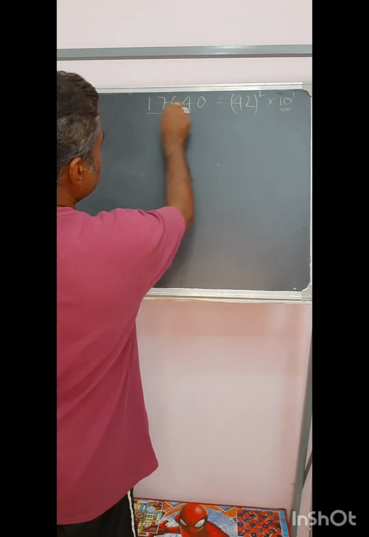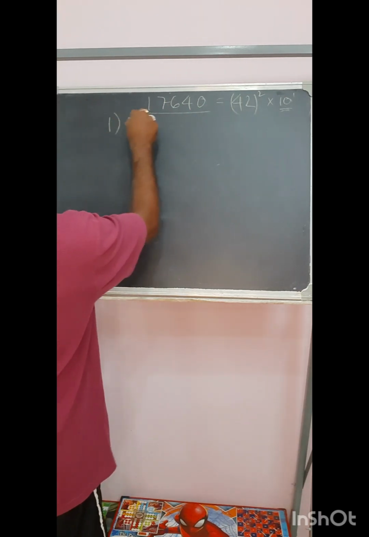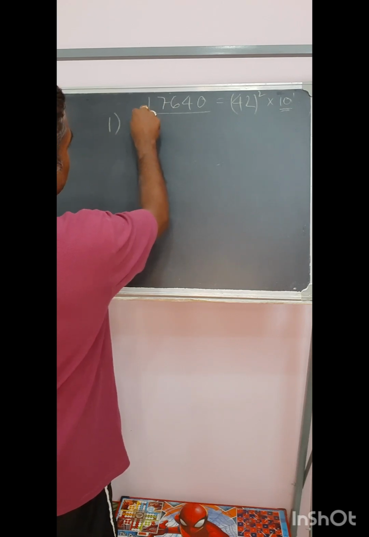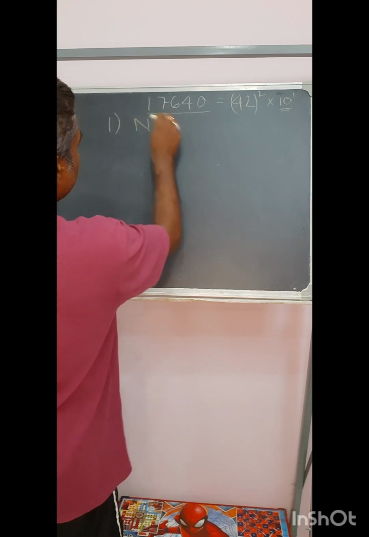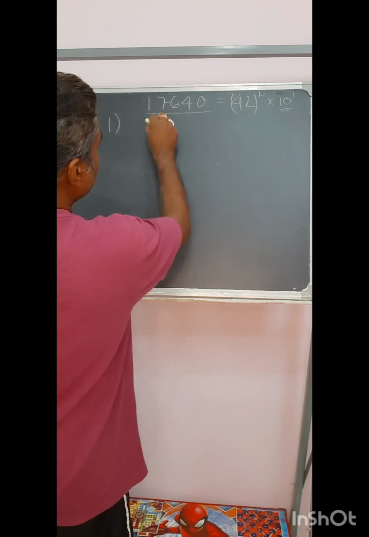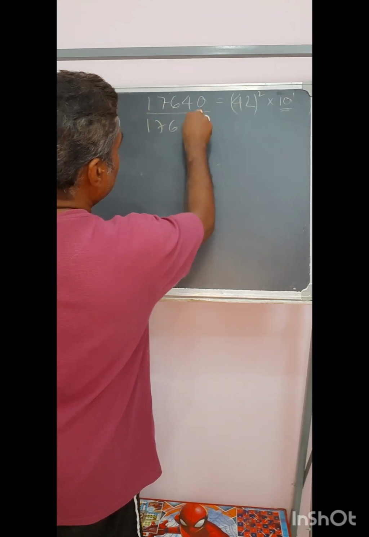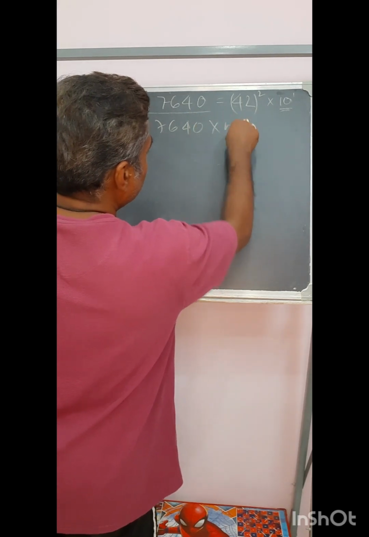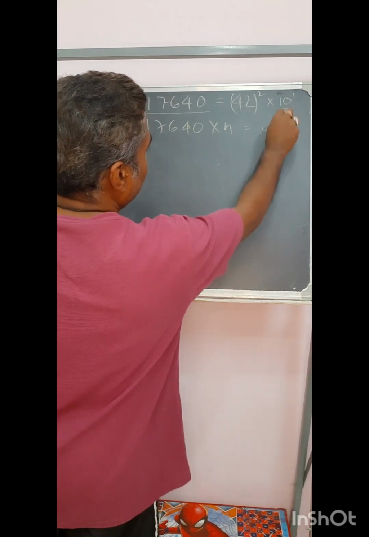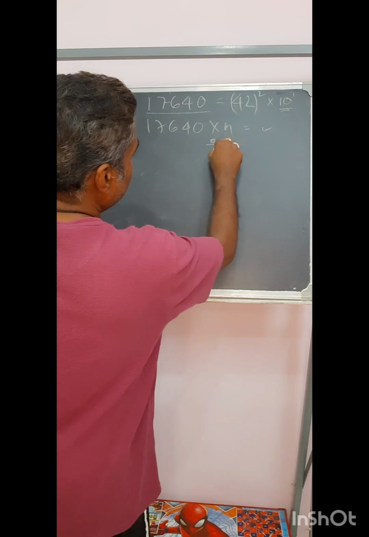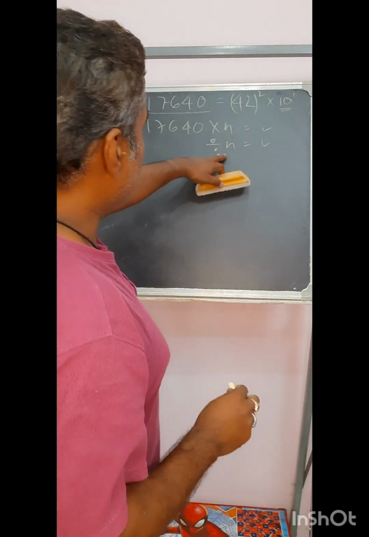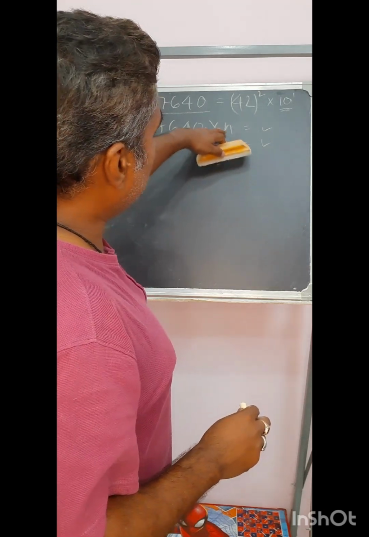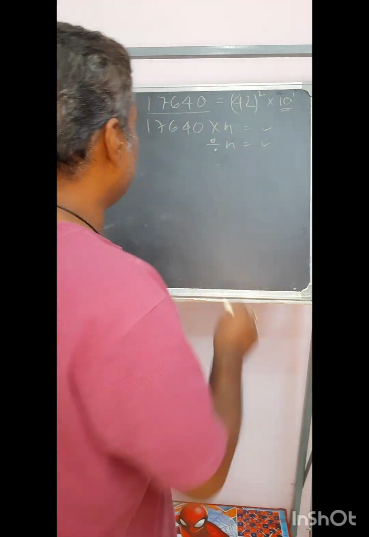if I am being asked what is the number, let's say I am denoting it with n, what is the number which will be multiplied with n to get a perfect square, or by dividing. Now this function could be a division or multiplication to bring it to a perfect square.